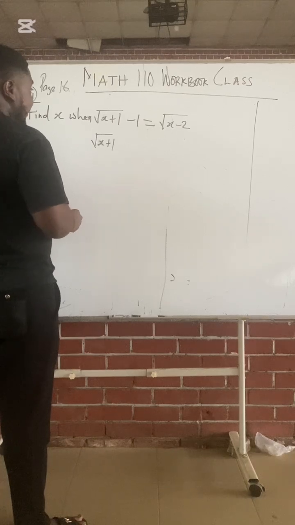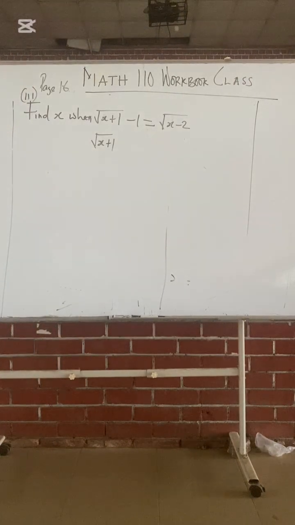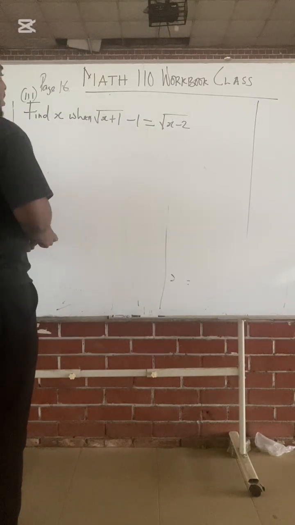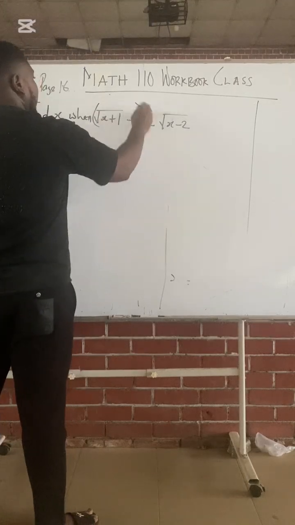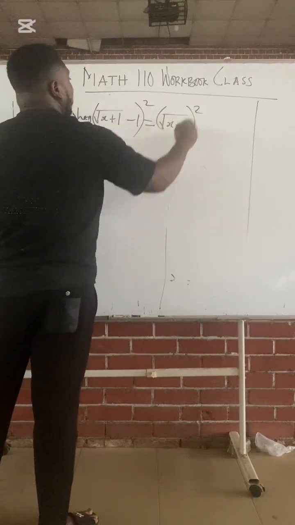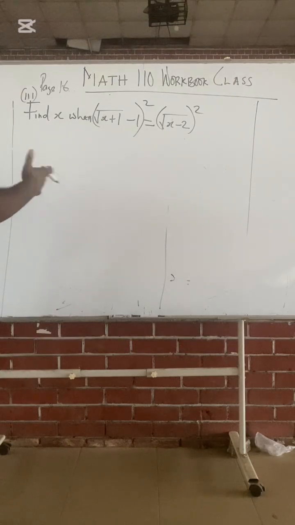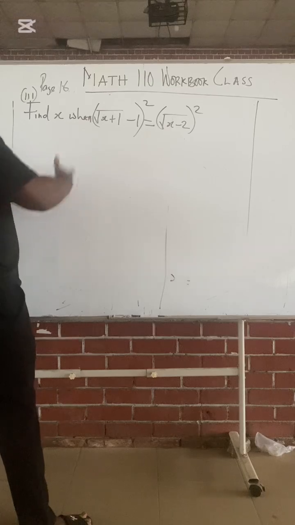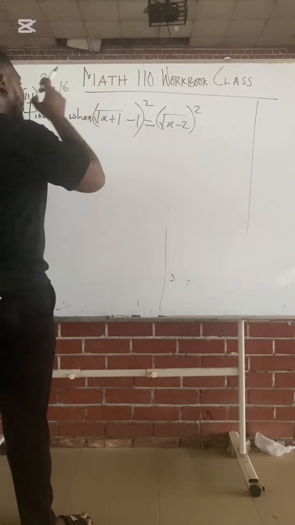Because of the square roots, we are going to consider squaring both sides first, to kill the square root. I was thinking of bringing this guy here, then putting this at 0, finding the LCM, but let me square both sides first.